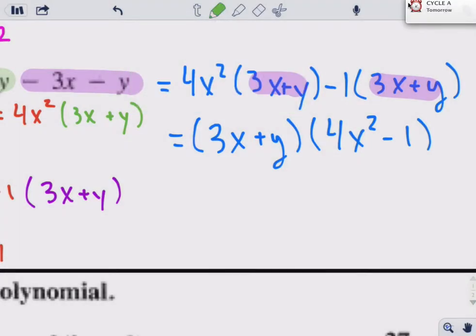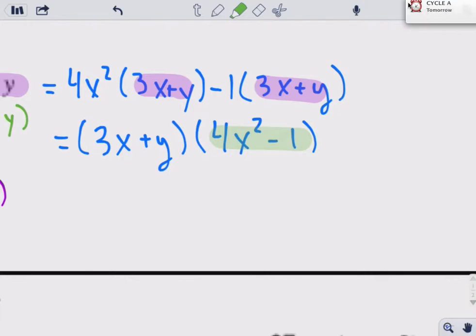Now, we covered this last class, so we'll talk about this again. This follows one of our special patterns. That is the difference of squares.